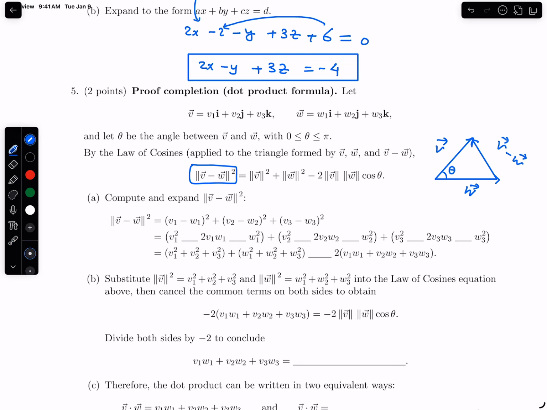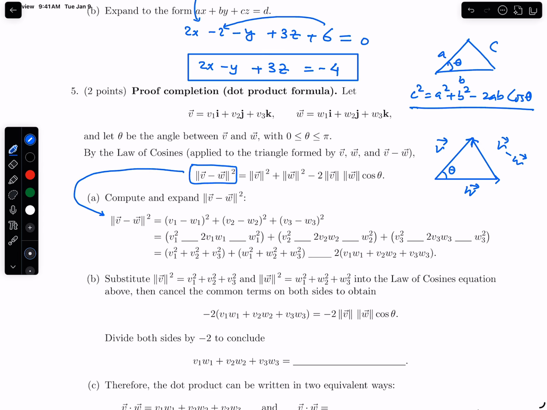This is simply, if I have a triangle with sides a, b, c and angle theta, then c squared is a squared plus b squared minus 2ab cosine theta. Okay, so I'm just doing the same thing now. I'm just evaluating the left hand side. Since v minus w is a vector whose components are v1 minus w1, v2 minus w2, and v3 minus w3, I'm taking its magnitude and squaring it to get this thing.